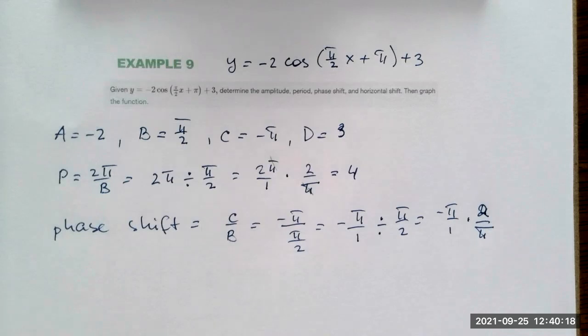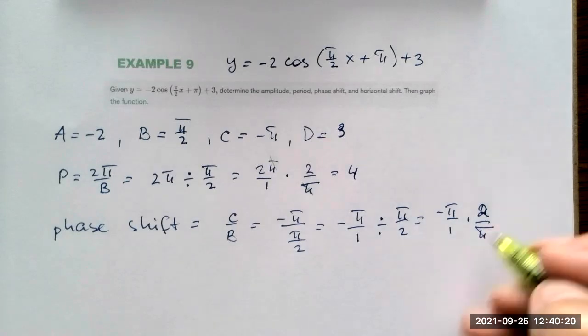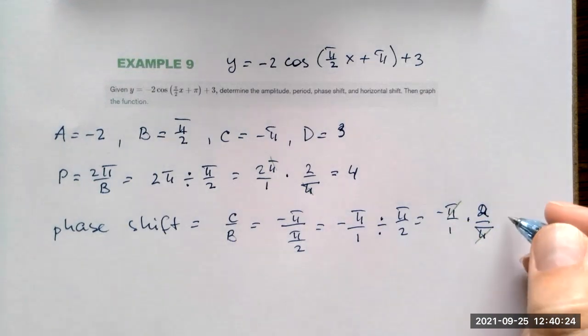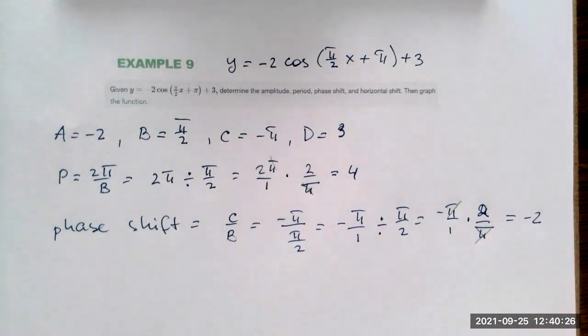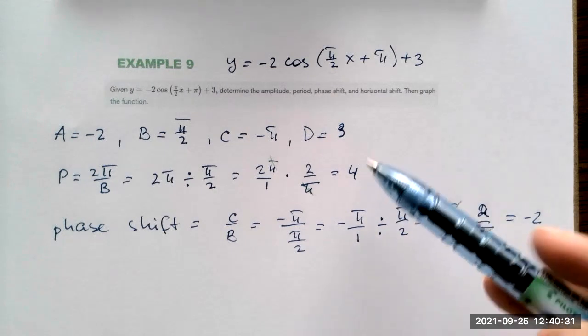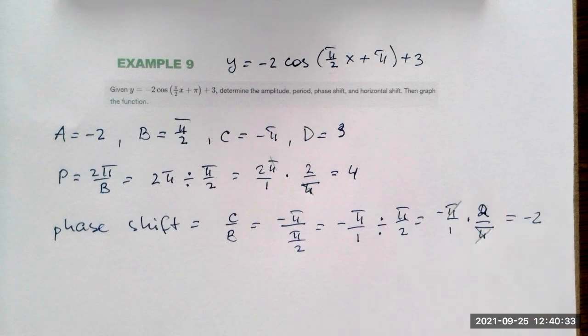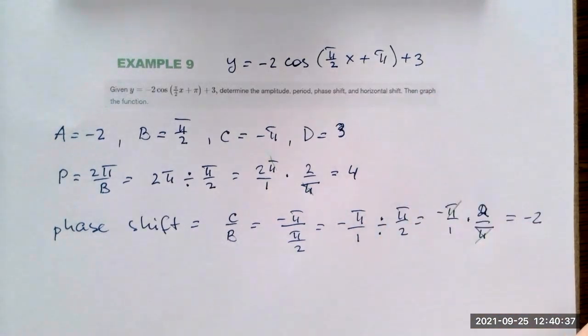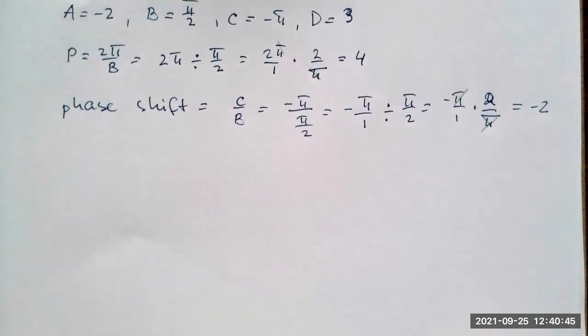Pi and pi cancel out, and we have a phase shift of -2. And finally, D is 3. So this is our vertical shift, 3 units up. So let's go ahead and set up this graph.